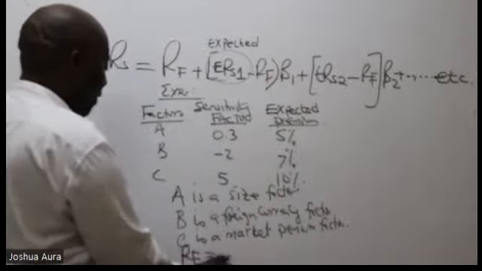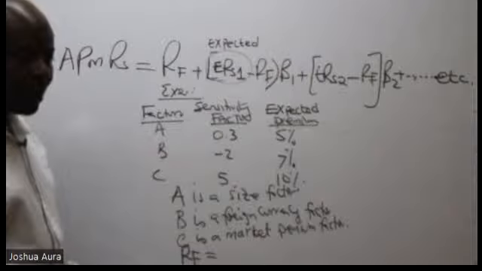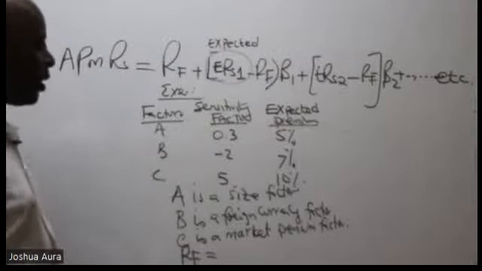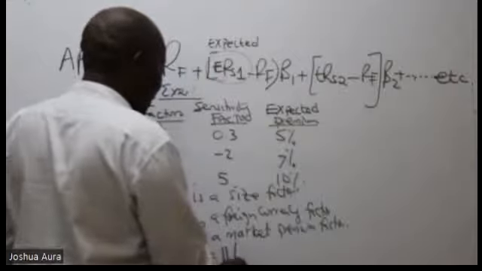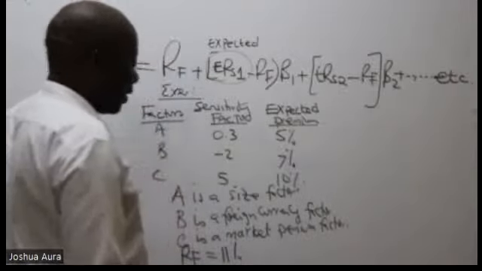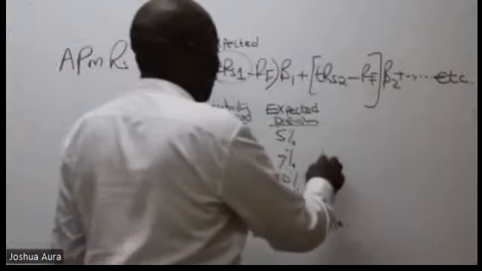My pen is not very nice today, you'll forgive me, but I hope you are able to follow what I'm writing here. The risk-free rate of return is 11%. And then we are required here to do something very simple.